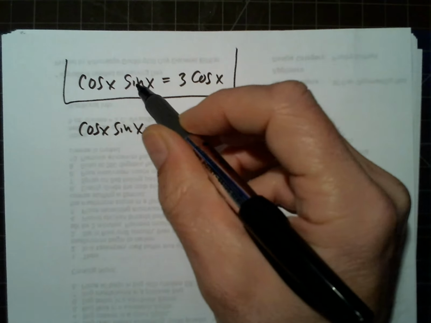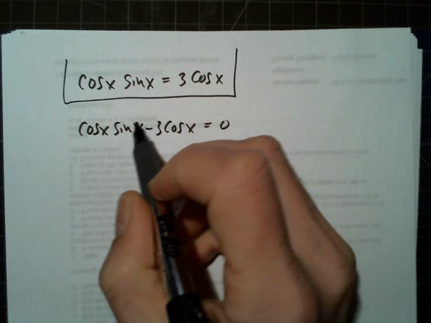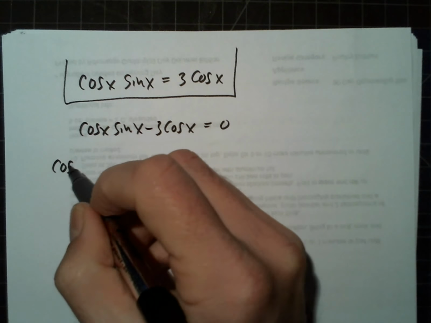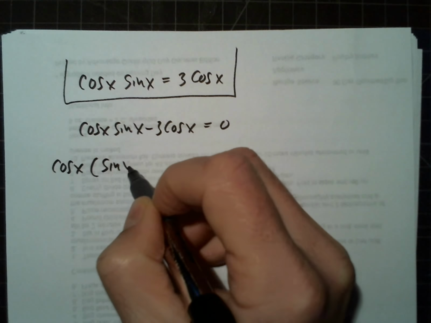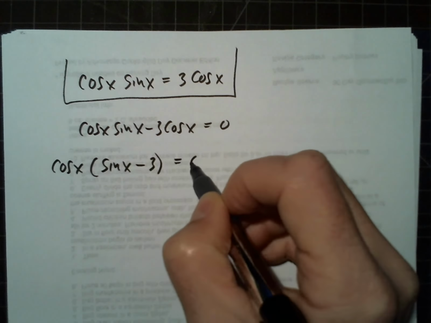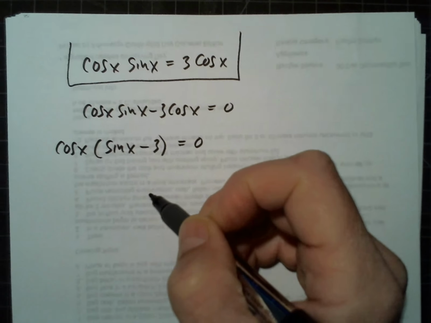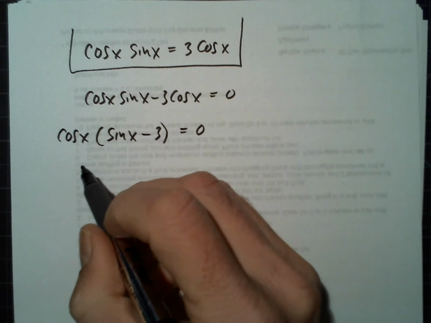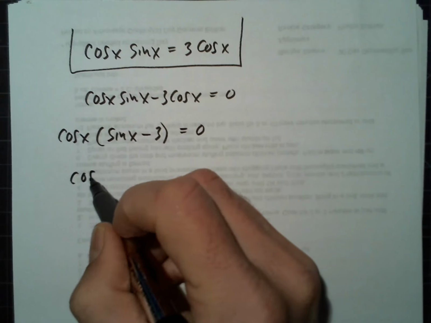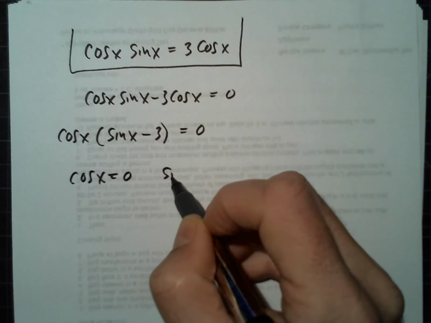Let's subtract 3 cosine, and we have a common factor of cosine. They multiply to get 0, so cosine is 0.